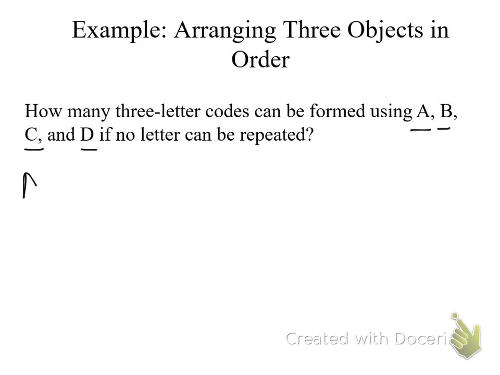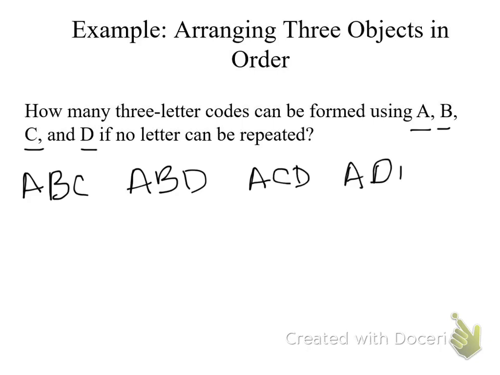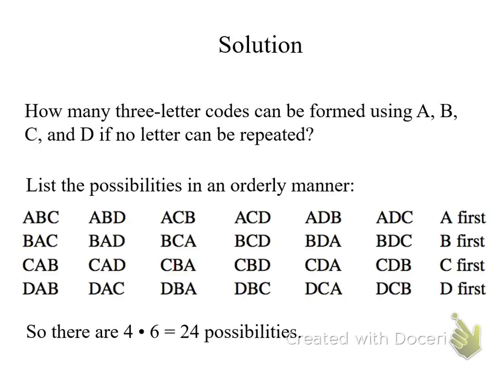For example, if I write A first, I could write A, B, C. I could have A, B, D. I could have A, C, D. I could have A, D, B. I could have A, D, C. Those are all the options for just A coming first. But then I would need to list what happens when B comes first, when C comes first, and when D comes first. If I list all of them out, I have 24 possibilities.